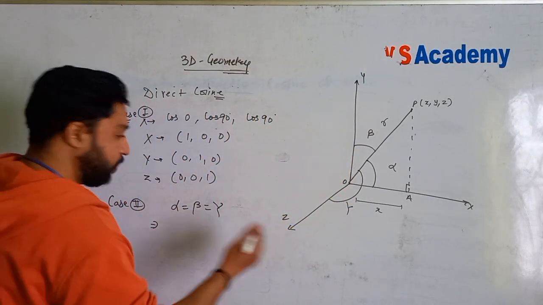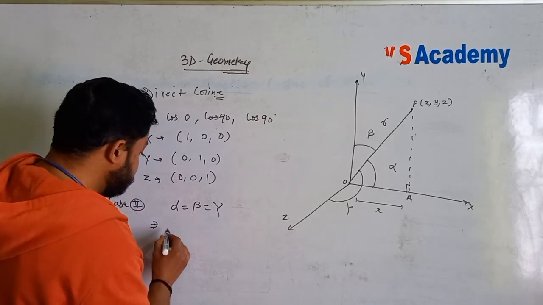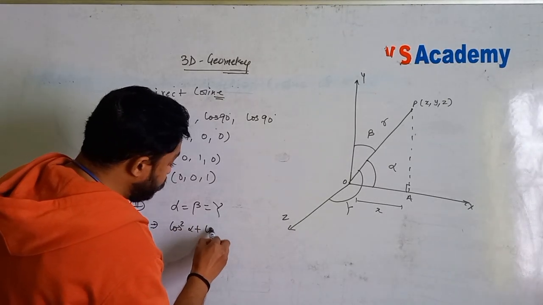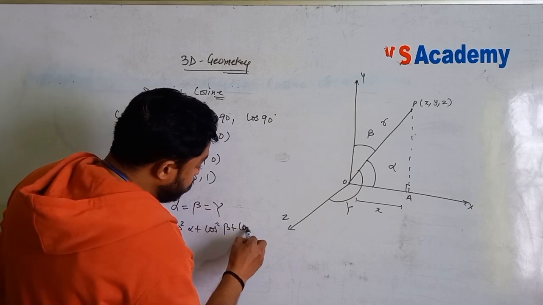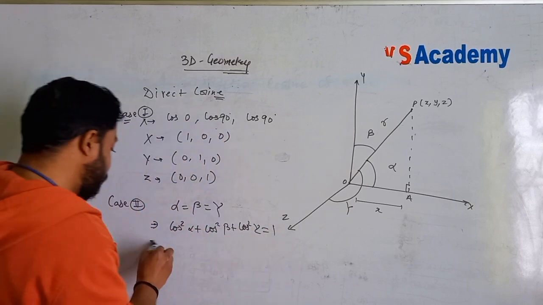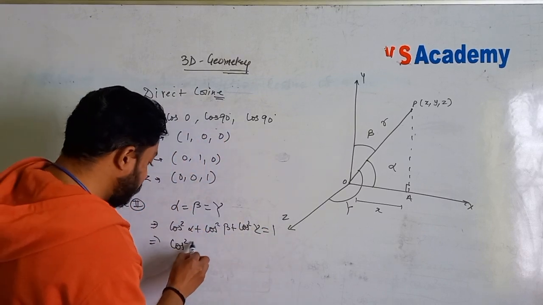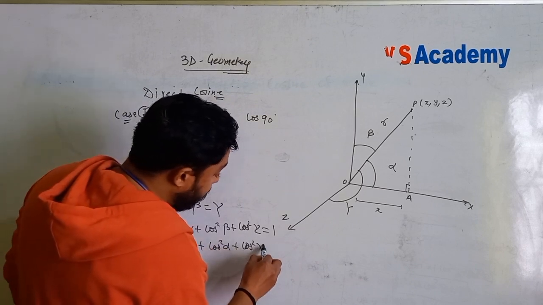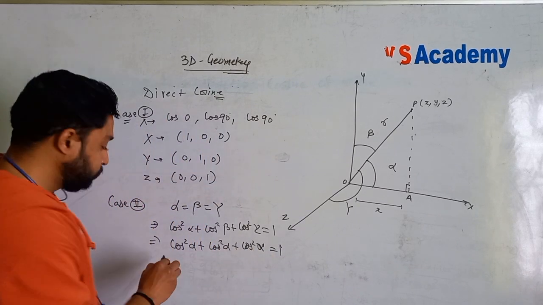We discussed a concept, okay, which is cos square alpha plus cos square beta plus cos square gamma is equal to 1. You can put in this. So cos square alpha plus cos square alpha plus cos square alpha is equal to 1, right?